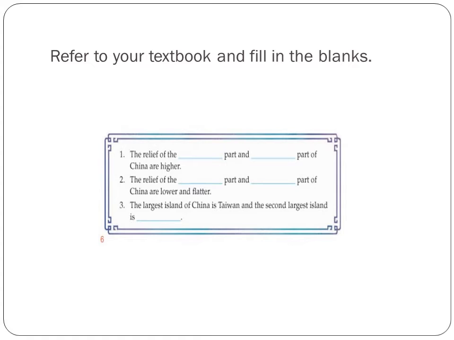Say for example, let's take number one. The relief of the dash part and dash part of China are higher. Now, what landform could be higher and what landforms could be lower? We can just use common sense and say which parts could be higher. Things like mountains, hills, canyons, these are the rocky regions.